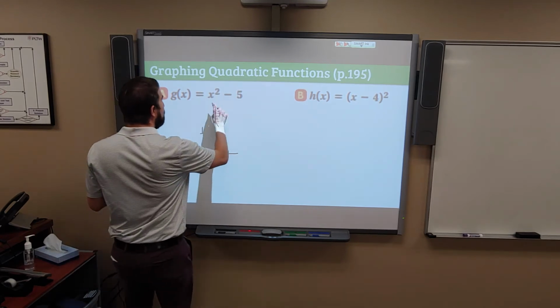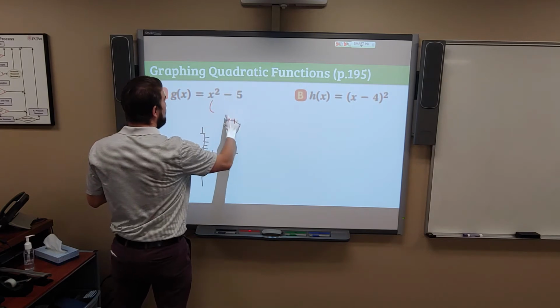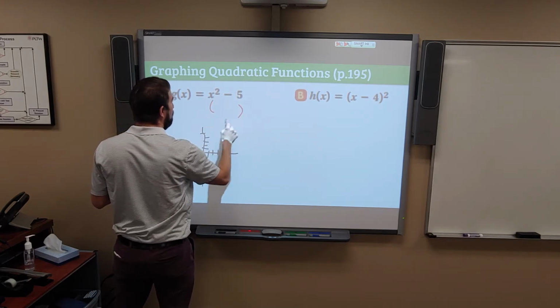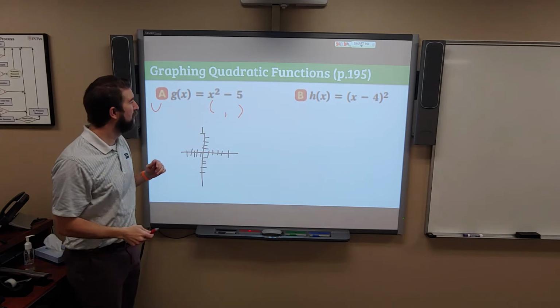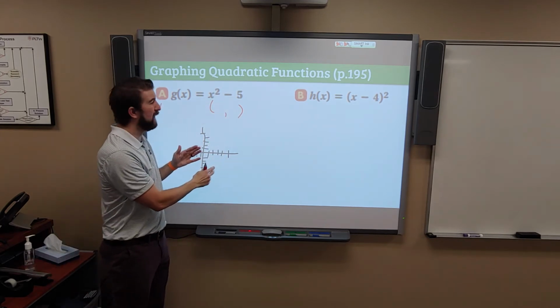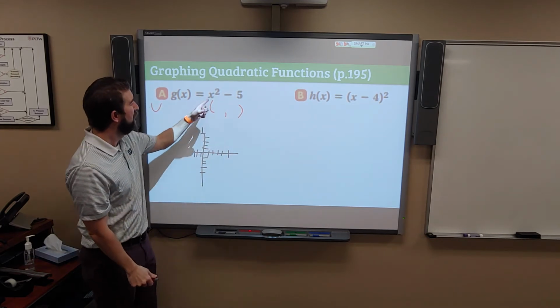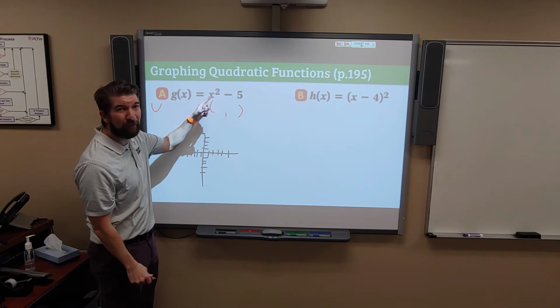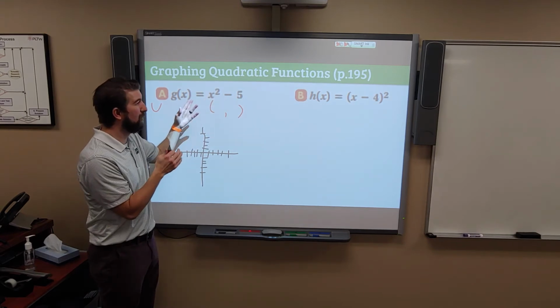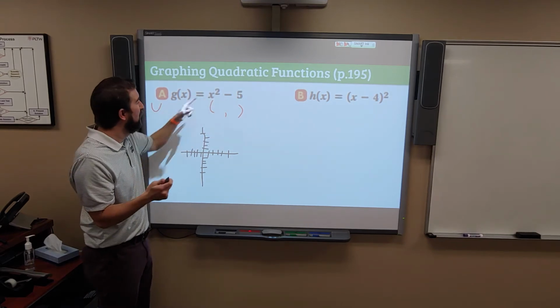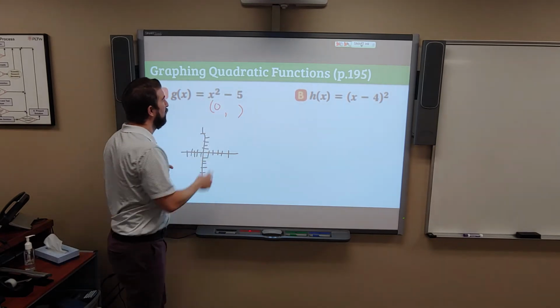Then I could draw my little parentheses for the vertex. That's going to represent the vertex. What number is inside the parentheses with the x? Well, there are no parentheses, so we would say that's 0.